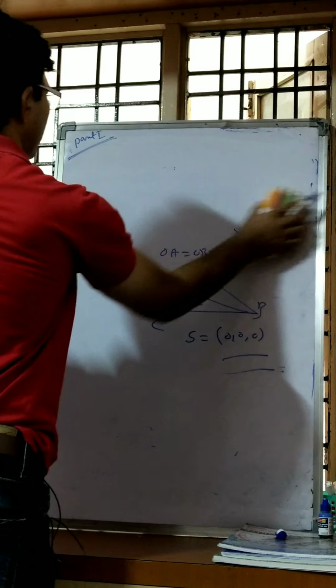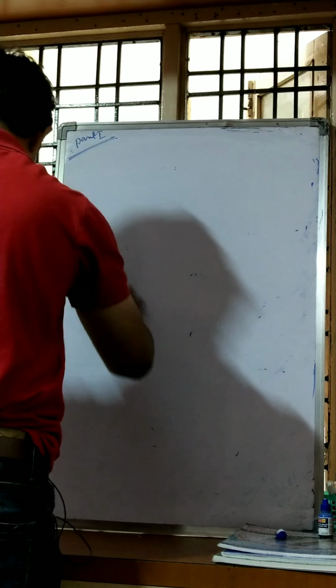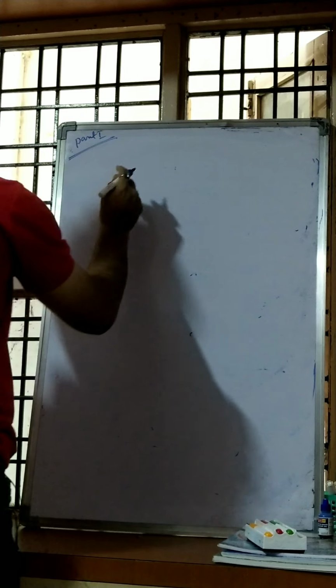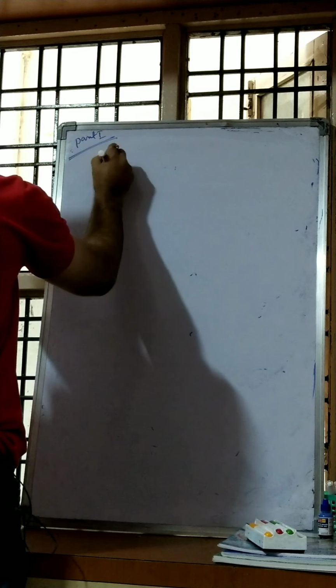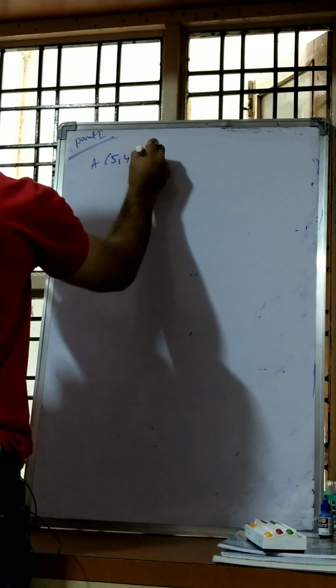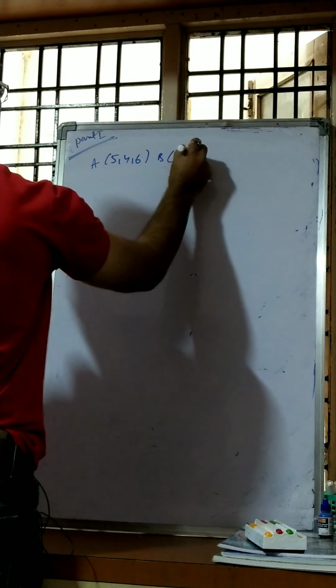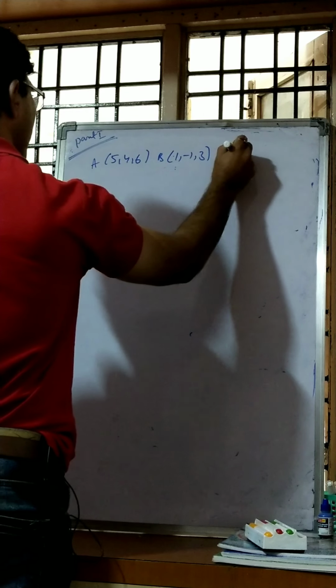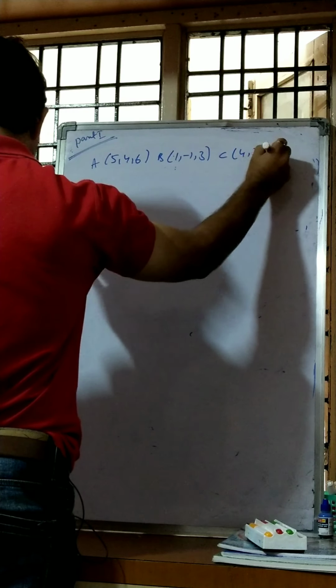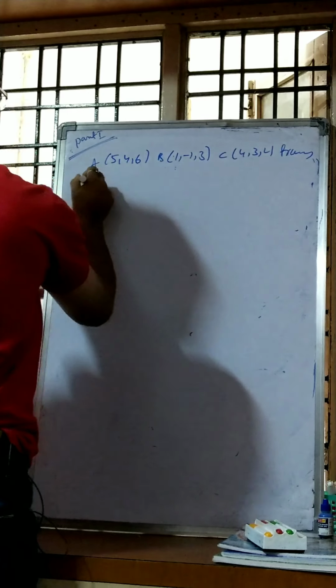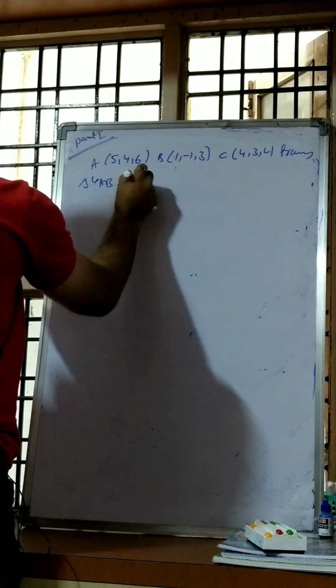Next one. Next you see, guys, another question here is really one of the best ones. A is equal to 5, 4, 6, B is equal to 1, minus 1, 3, C is equal to 4, 3, 2, forming triangle ABC.